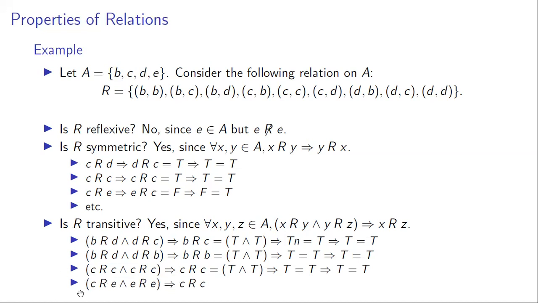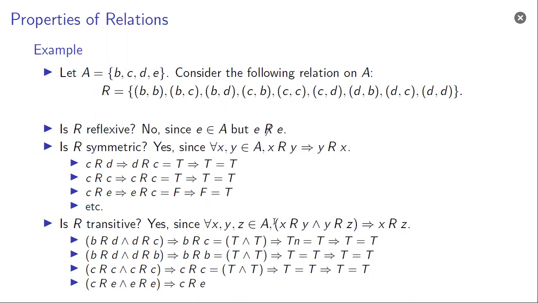How about this? Here we have X is C, Y is E, and Z is E. Hold on, I made a mistake. Again, X is C, Y is E, and then Z is E again. We want to show that this is true, because I'm claiming that the relation is transitive.